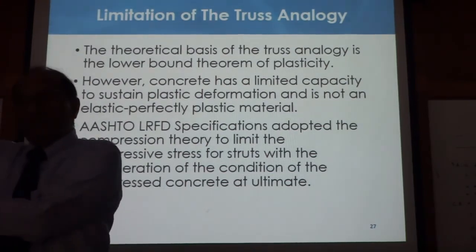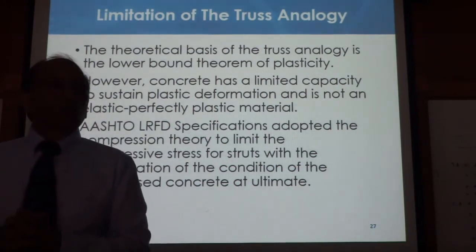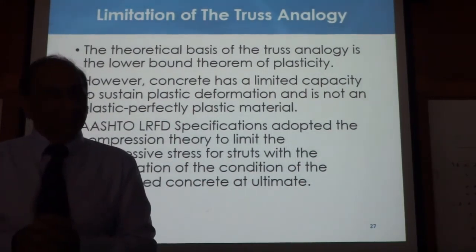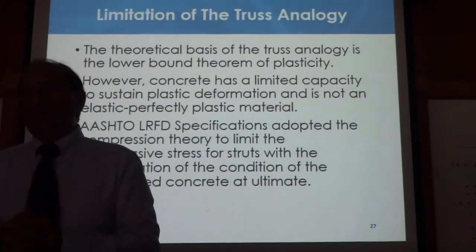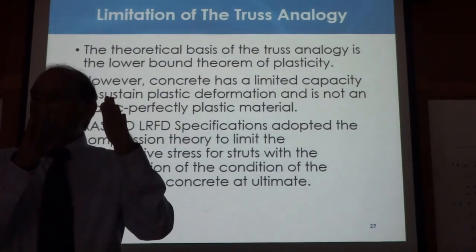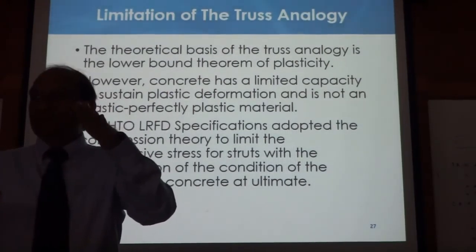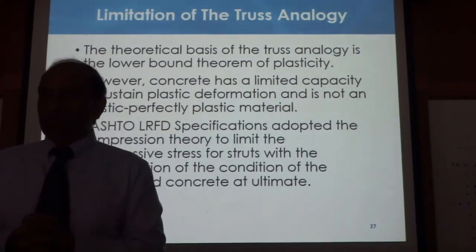So if you limit the compression in concrete, indirectly you limit the capacity of the whole thing, so it will not fall down, right? Because all compression is taken by concrete, if you limit the compression concrete can take, then obviously you limit everything else, because that's part of the model.